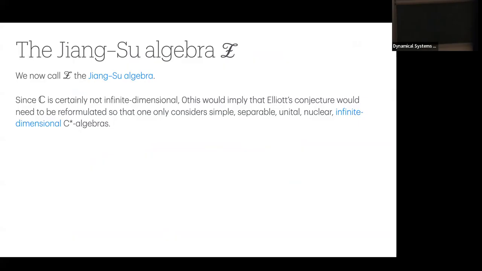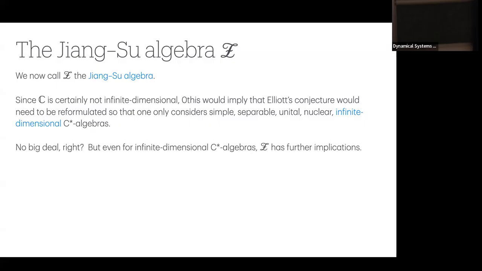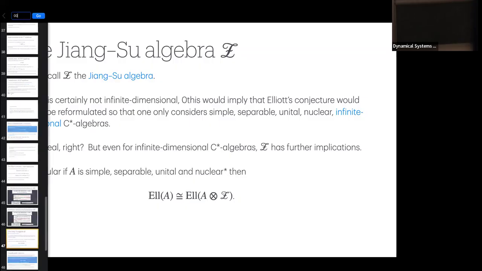Okay, so immediately you say, let's just demand that everything be infinite dimensional, because if we see C or M_n or something, that's easy enough to figure out. But this actually causes problems even in the infinite dimensional case. So this Jiang-Su algebra has even further implications. If we have a simple separable unital nuclear C-star algebra, then it turns out that this Elliott invariant behaves relatively well with respect to tensor products.